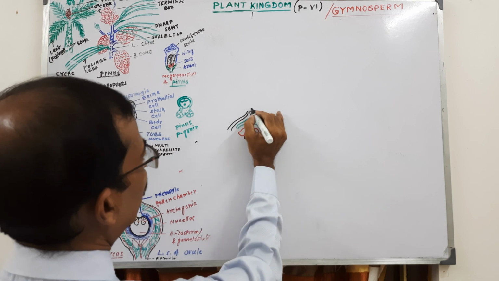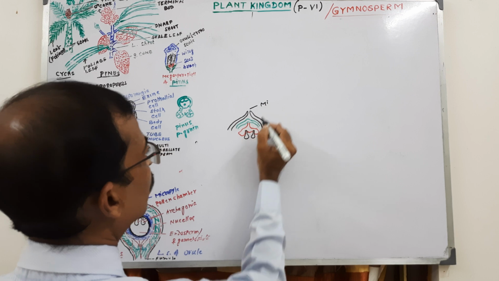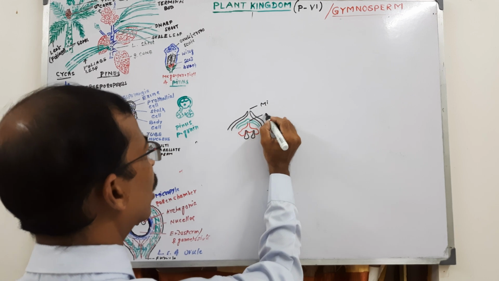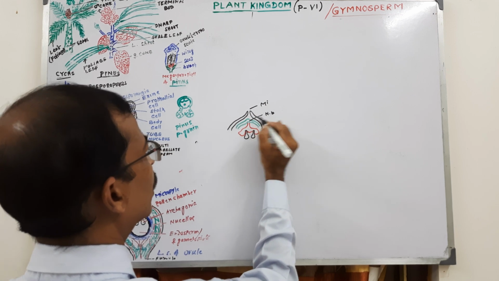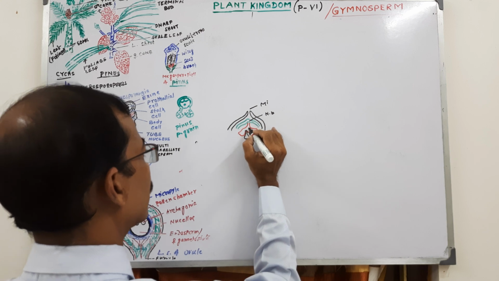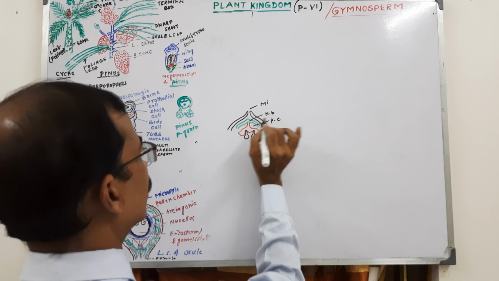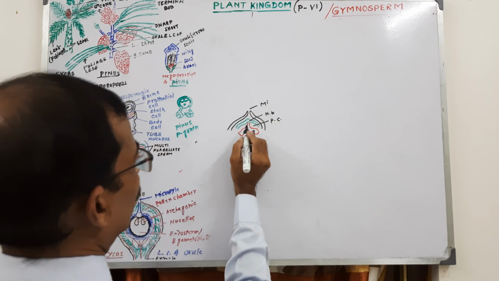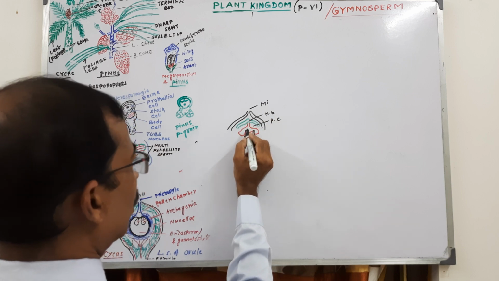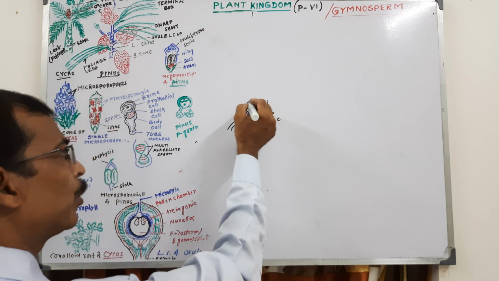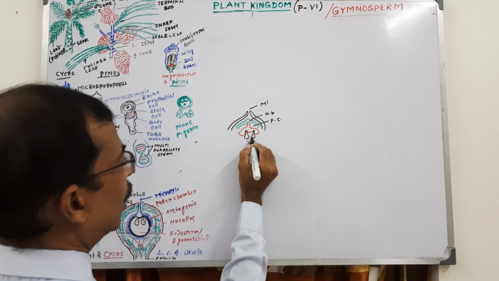This is the micropyle, this is the nucellar beak, and this is the pollen chamber, and during pollination this is the archegonia.